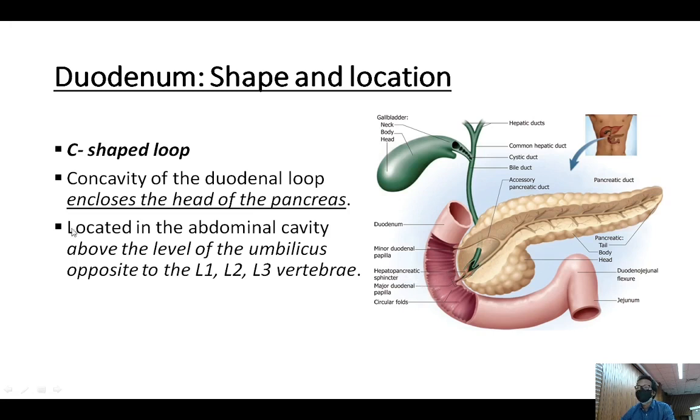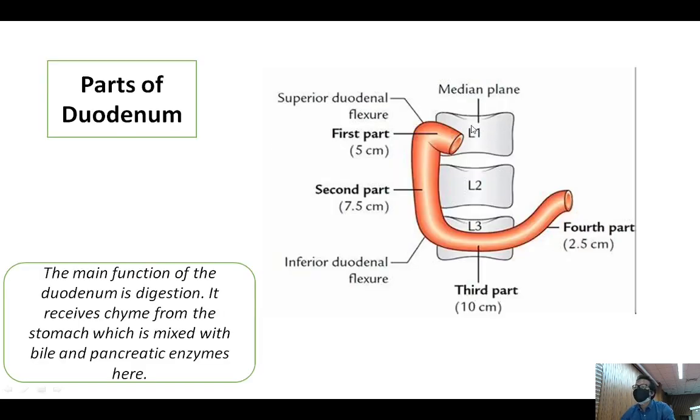here. Okay, as I said, the duodenum is located in the abdominal cavity at the level of L1, L2, and L3. See now, the duodenum itself again is divided into 4 parts. The first part, which is also known as the superior part, the second part, the vertical part, the third, the horizontal part, and the fourth part.